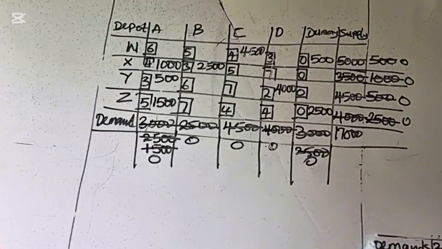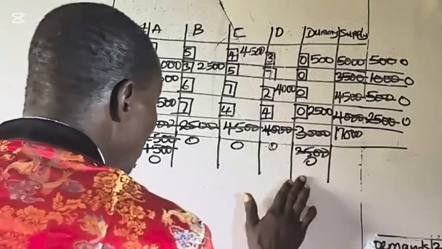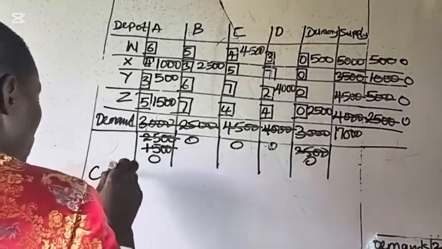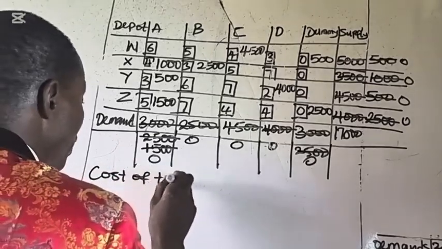Then you are also asked to calculate the possible cost. So we want to determine the least cost now, the cost of transportation.